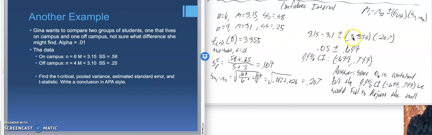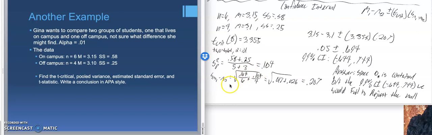We could plug that in if we needed to. But we also know that we need to get to estimated standard error. To do that, we got to find pooled variance because we're given some squares. So pooled variance, 0.58 plus 0.25, those sum of squares, over the DFs of 5 and 3. So we work that math. We get 0.104 pooled variance.